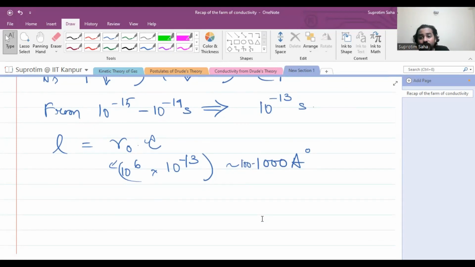But this is not equal to the lattice spacing of the material, which is typically of the order of 1 to 10 angstroms. It is at least two or 3 orders of magnitude larger. So this was the failure of Drude's theory.